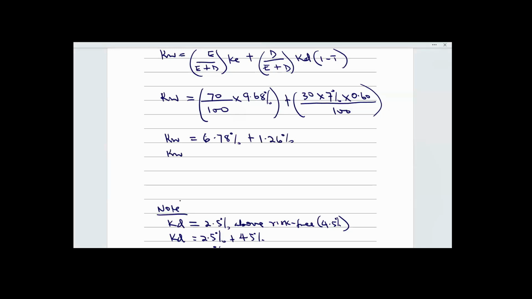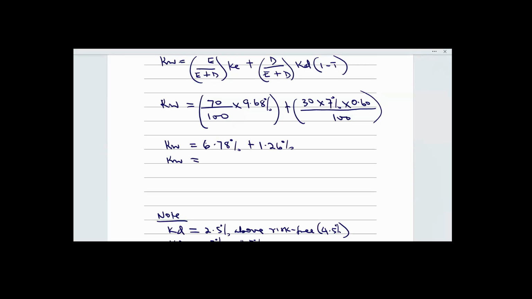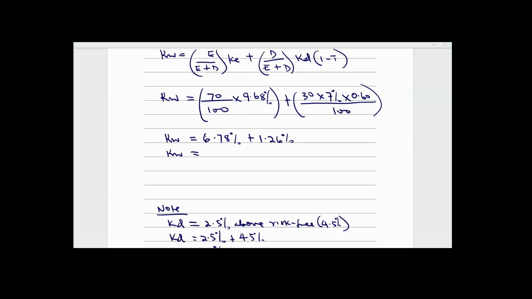Therefore, WACC is equal to 1.26 plus 6.78, 8.04%. So WACC is approximately 8%. That's it. This is how to calculate WACC.